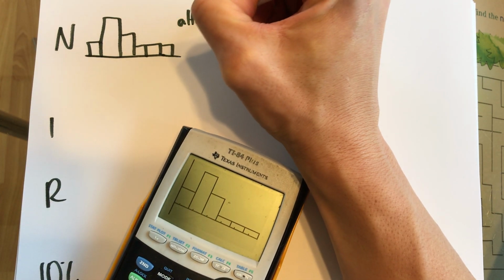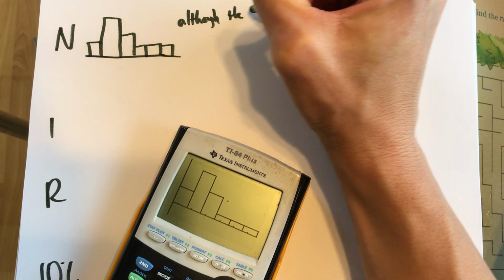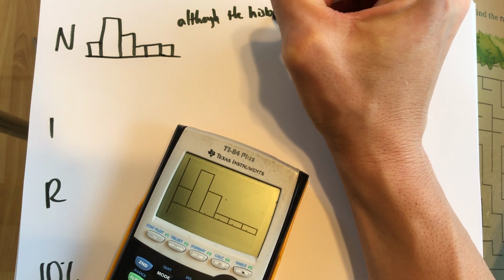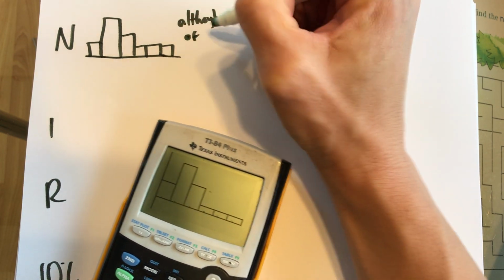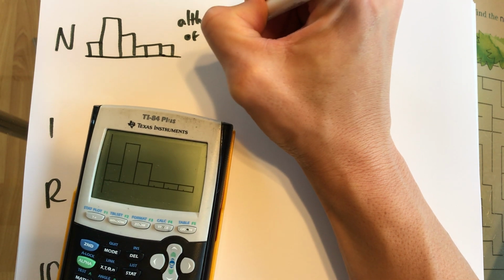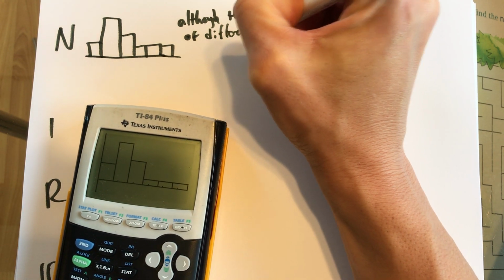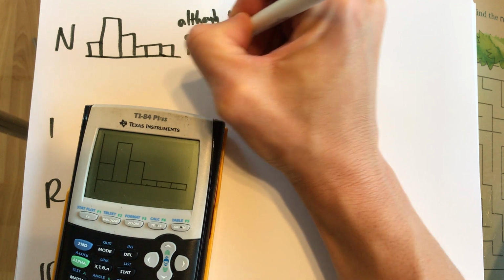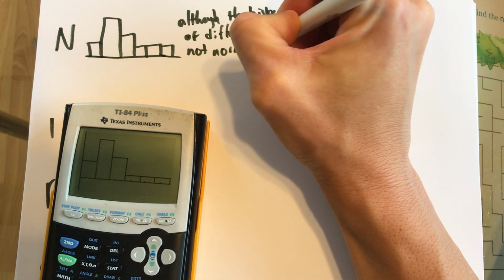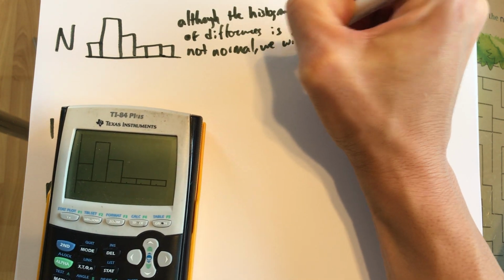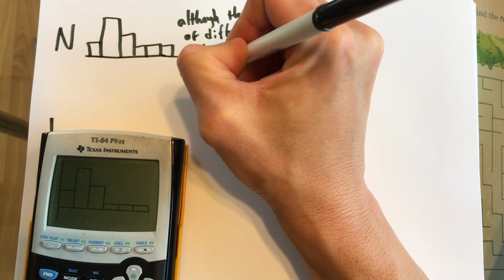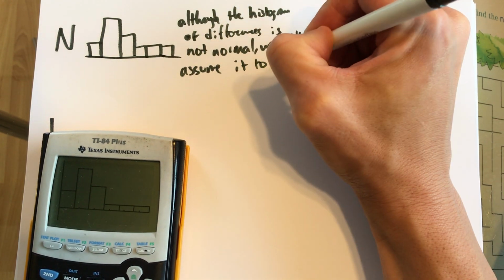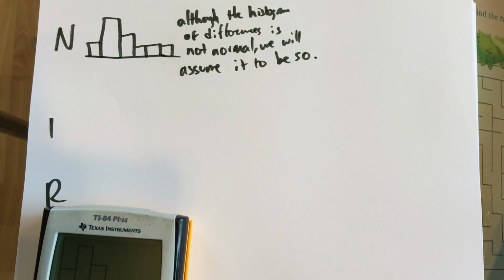So although the histogram of differences is not normal, we will assume it to be so.